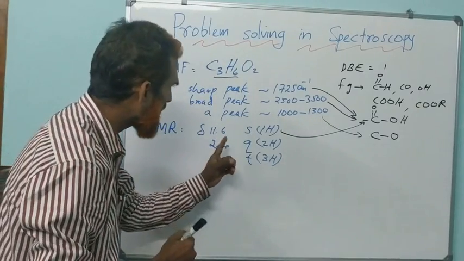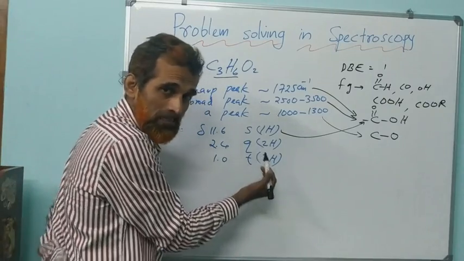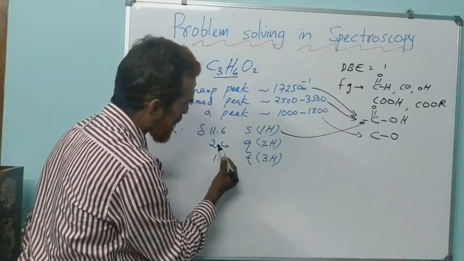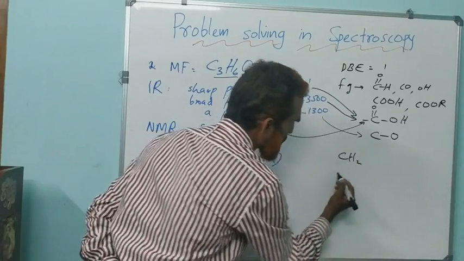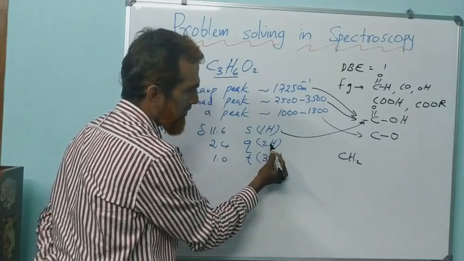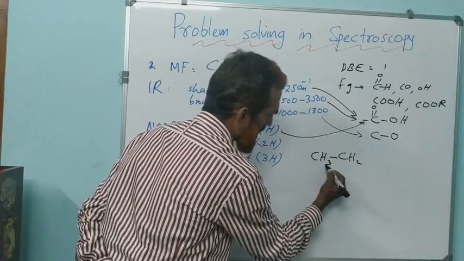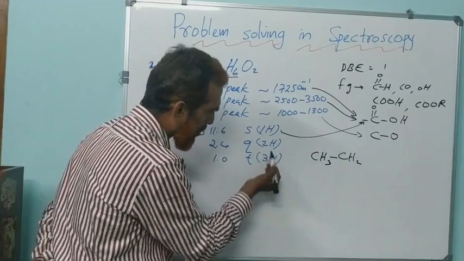The remaining NMR data is very similar to the previous example. There is a 2 proton quartet at 2.4. That means there is a CH2, which is a quartet, so it is connected to CH3, and it is confirmed by the next data: a 3 proton triplet.